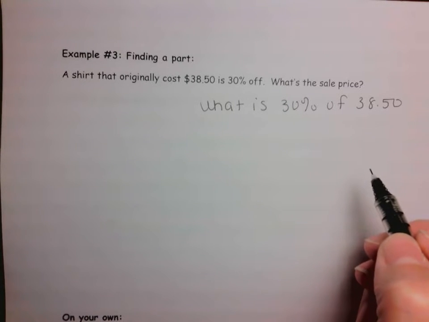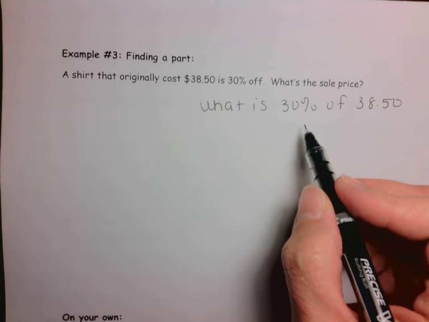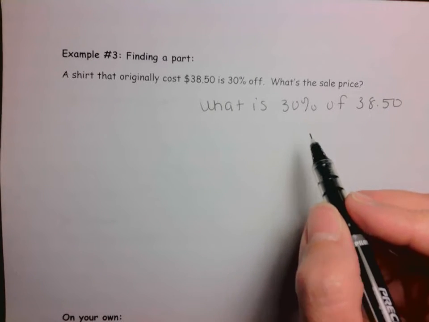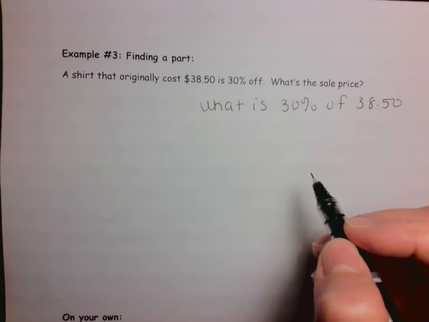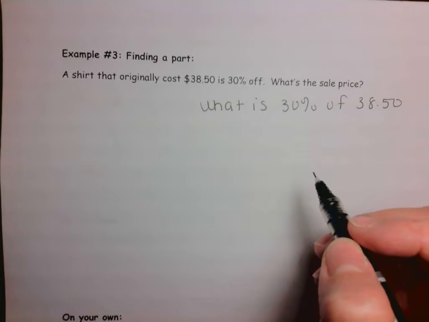Another way to do this is to think of it this way. This is going to give me my discount. But if you want to know the total cost paid quicker than subtracting the discount, you can think of it this way. If the shirt was originally 30% off, that means I paid for 70% of that shirt.